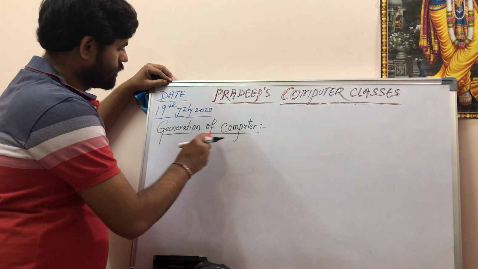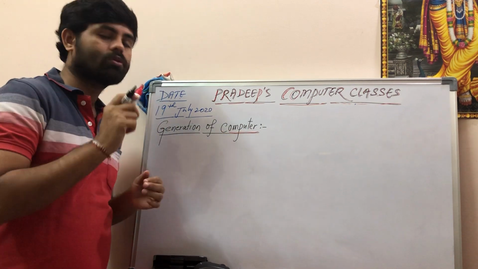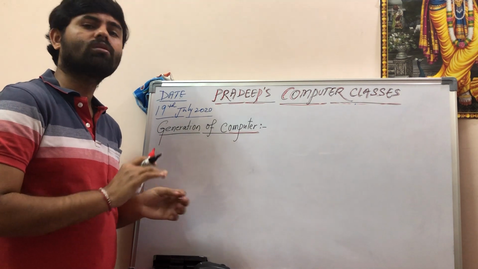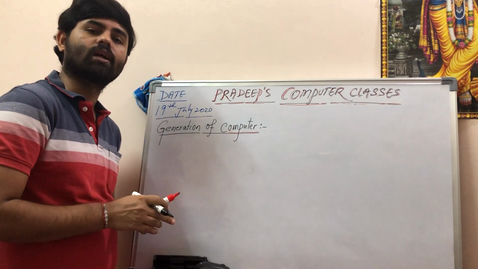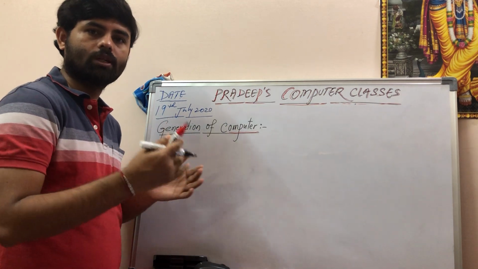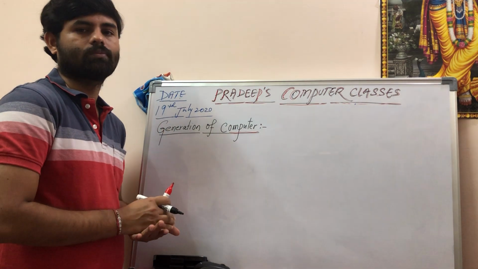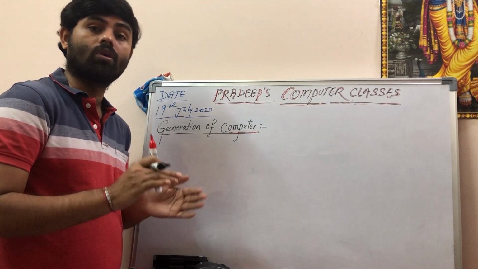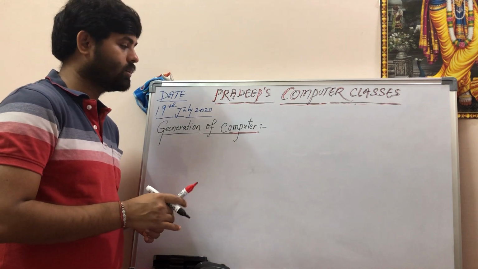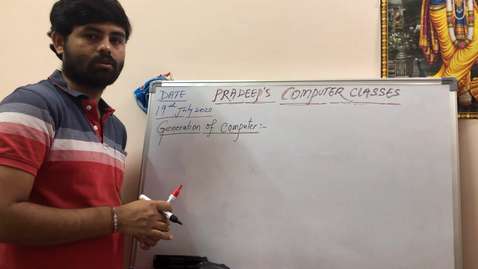The changing of generation of computer is because of a lot of changes that happened in physics and electronics. Physics is not just a subject we studied in 10th class. Physics is a very vast thing, and what you are learning as of now is just 2% of physics.